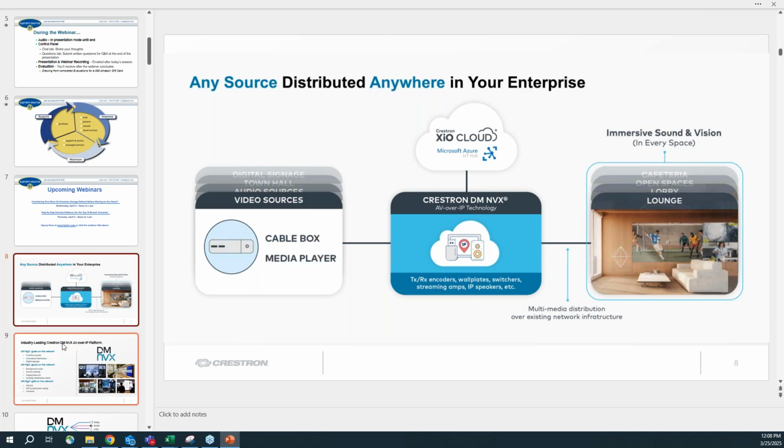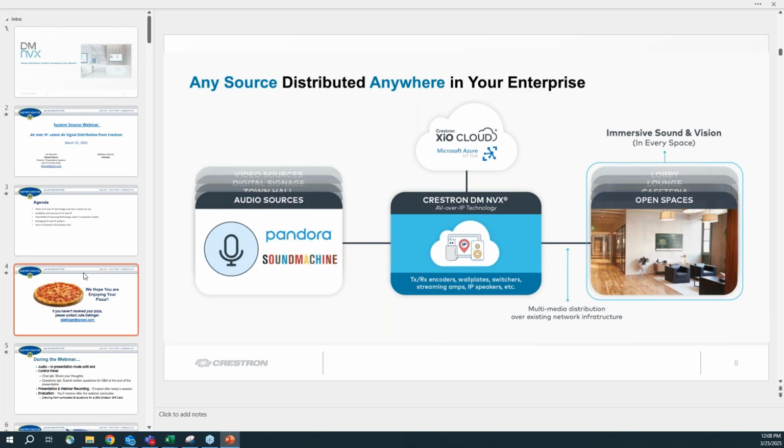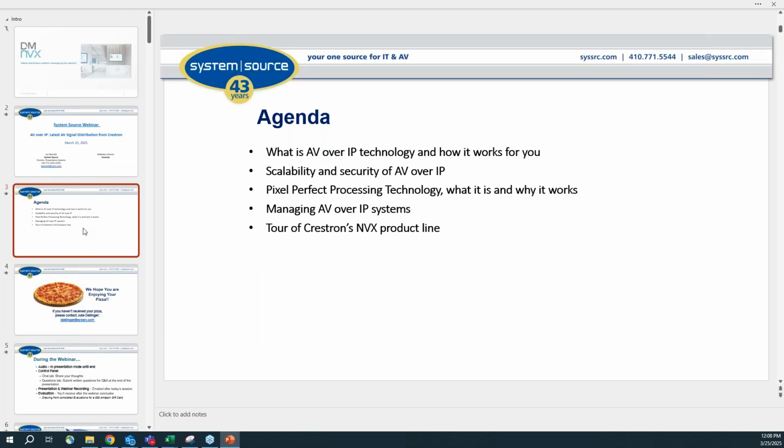So I just want to jump back to one of the previous slides where we talked about the agenda. Anyone who's been around AV for a while knows our goal and mission is to take an image or a sound or anything else from a source and get it to a destination. Historically, we did that over various means. Some were analog. Then we made a digital transition, and then we started to borrow technologies from other industries.